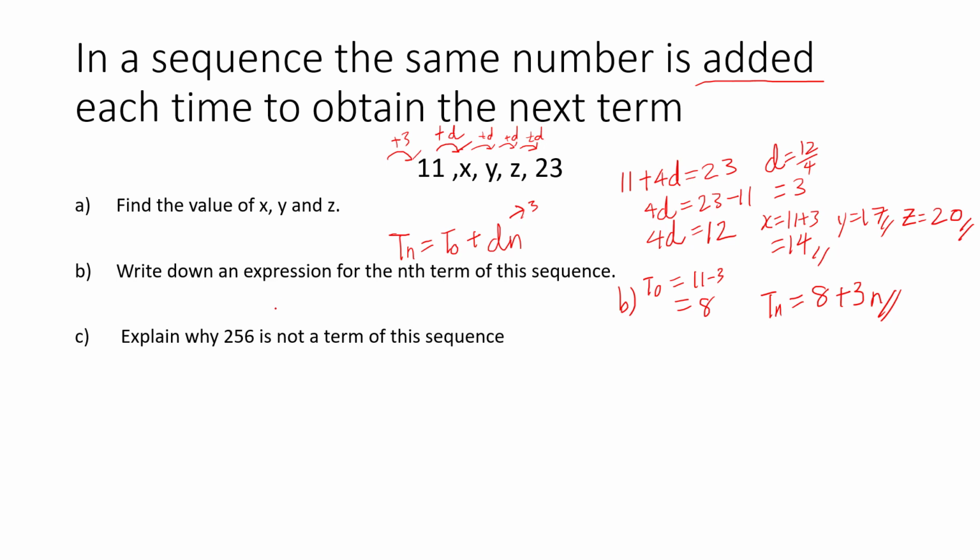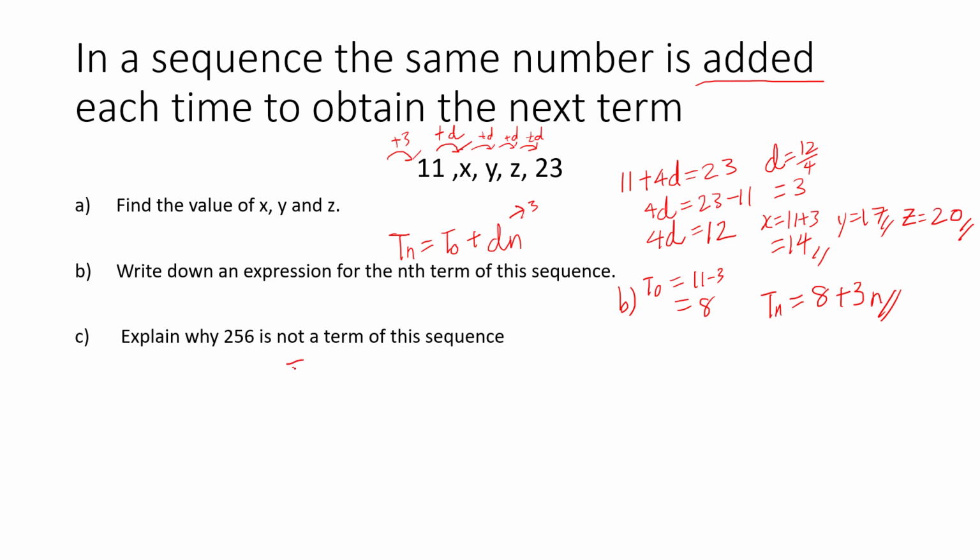Now explain why 256 is not a term of this sequence. What does this question mean? This question is actually quite simple. You just have to prove that term n can never be equals to 256. What do I mean?